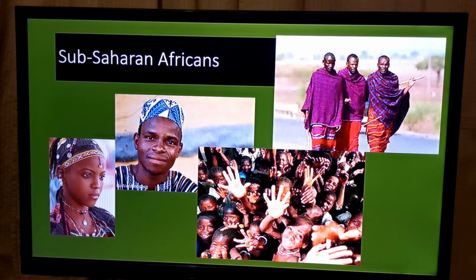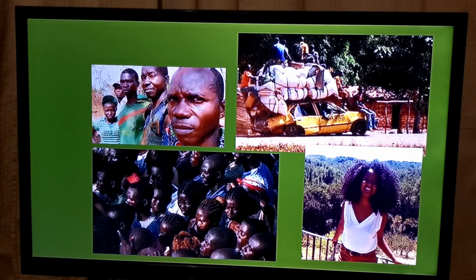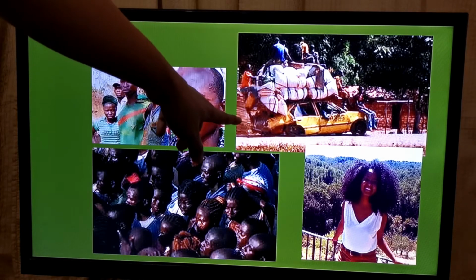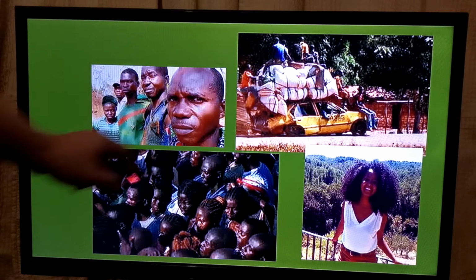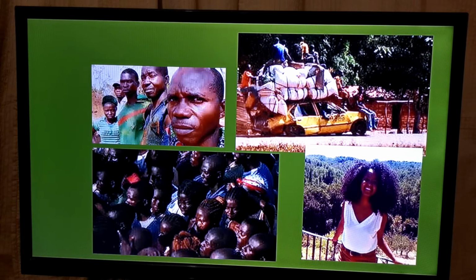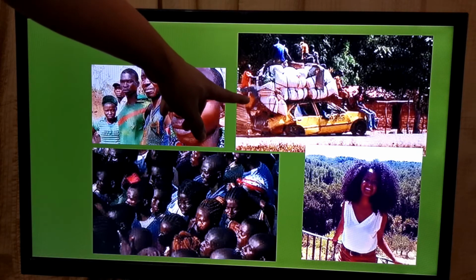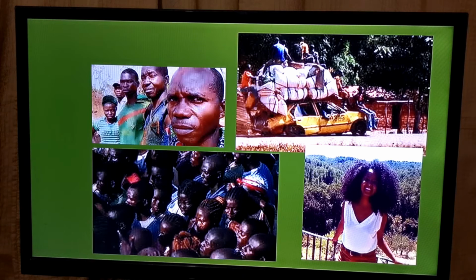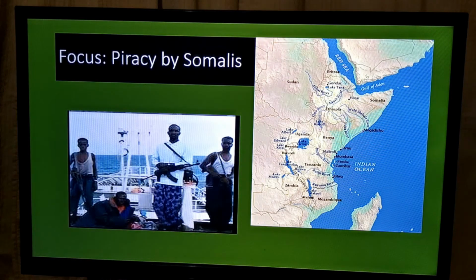Okay, here's more pictures, and as you can see, the life is not very rich in those countries. There's a lot of people, overpopulation, and facilities are not really at their best. Poverty is rampant, and we'll talk more about that in a while.